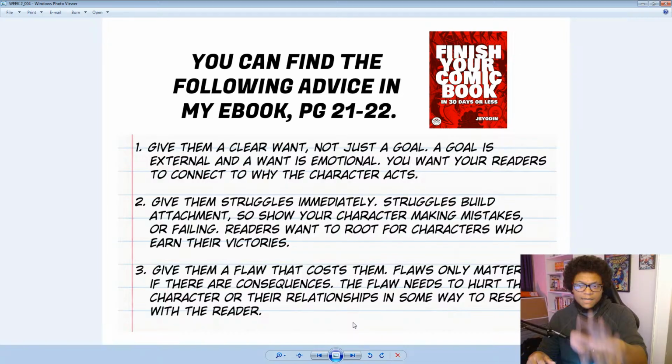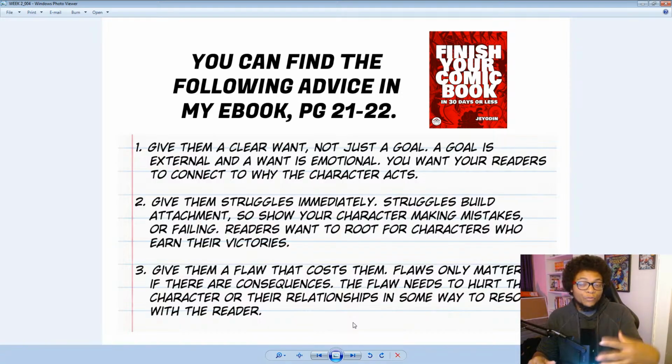If I'm not mistaken, I think I mentioned this a little bit further down this list, but this is something that forces your character to make a hard decision. And when you do that, it makes the reader realize, okay, not only is this a character that's completely fleshed out, but you're also giving them struggles. You're beating them up internally, physically, or whatever.